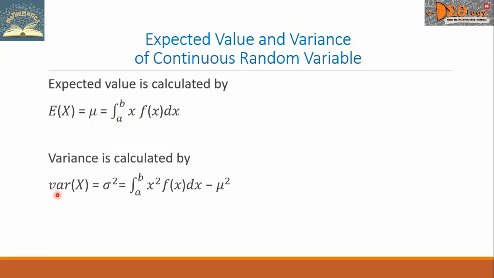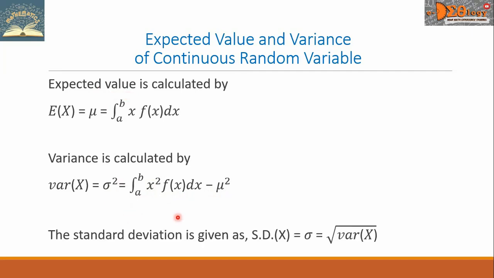We write the symbol var of capital X. Sometimes we write this as sigma square. This is equal to the definite integral from A to B, x squared times f of x dx, then minus the mu square. Again, the mu is the expected value.